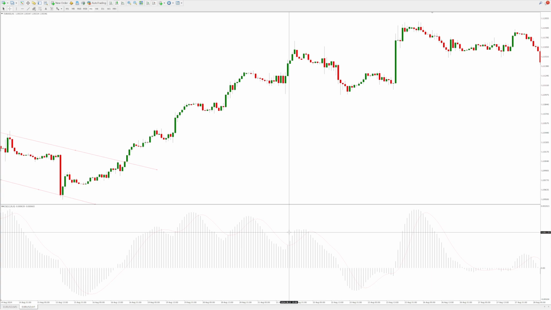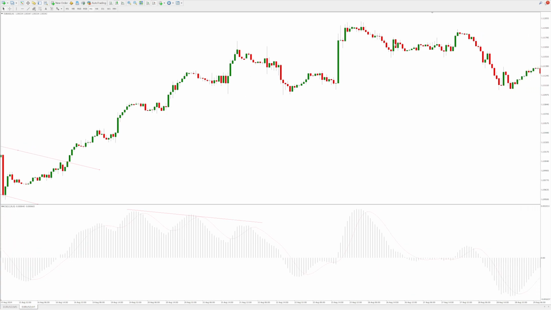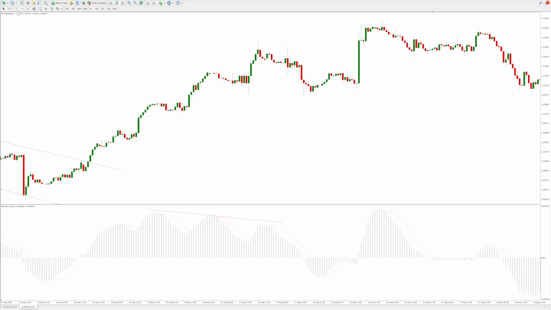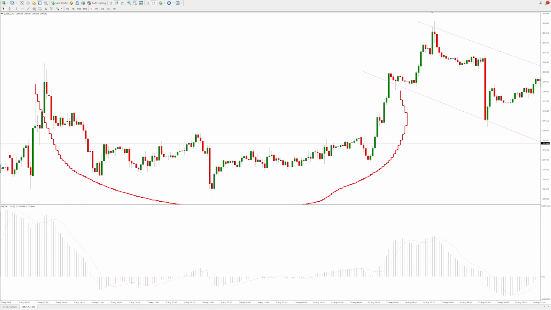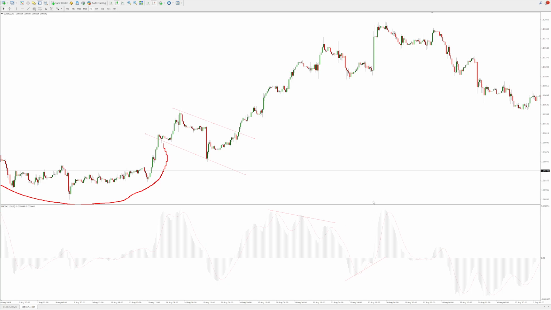You probably wouldn't want to take this position here on the crossover, simply because the MACD is showing some lower highs diverging downwards. The market is losing some momentum, as you can see. Going back to this trade here, there's bullish divergence, so we may have been more comfortable with that. There are a million different ways you can time your entry. You can even use the indicators for exit points as well.